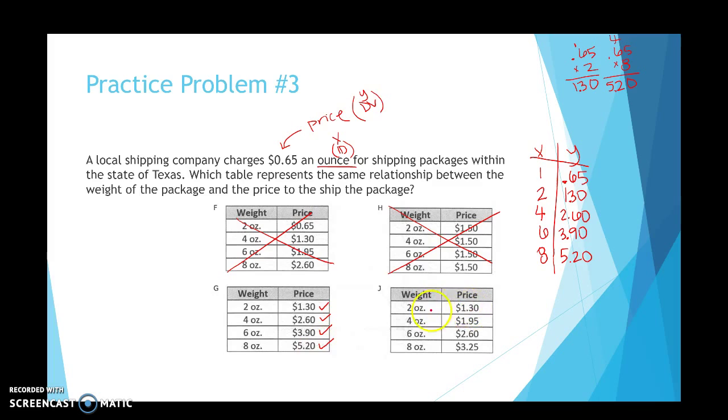Let me double check the last one. 2 ounces is $1.30, 4 ounces is not $1.95. So that one's wrong. Our answer here is G.